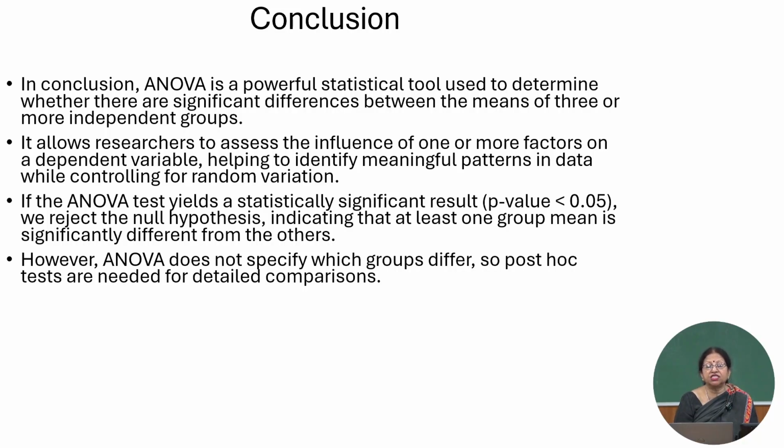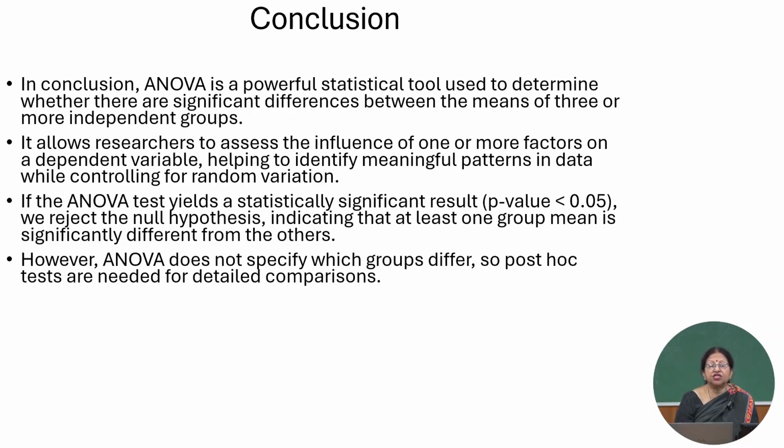If the ANOVA test yields a statistically significant result, which means a p-value less than 0.05, we reject the null hypothesis, indicating that at least one group mean is significantly different from the others.